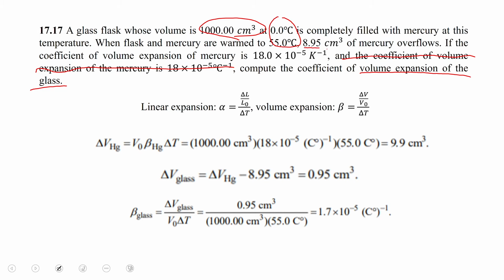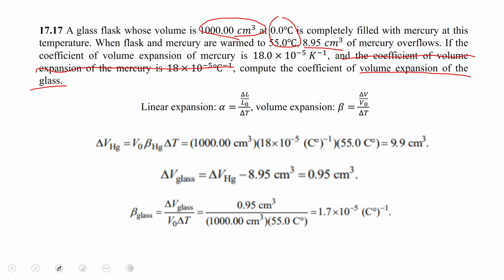So this is actually the volume change difference between the flask and the mercury. Because when we increase the temperature, both the flask and the mercury expand, but they don't expand the same. So there is a volume change after the expansion. Okay, so let's go back to the formula.